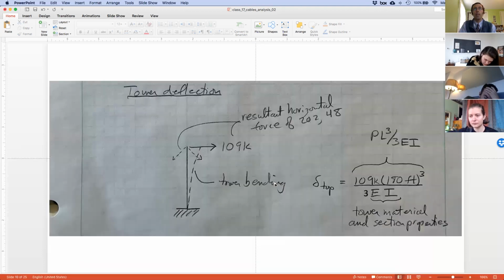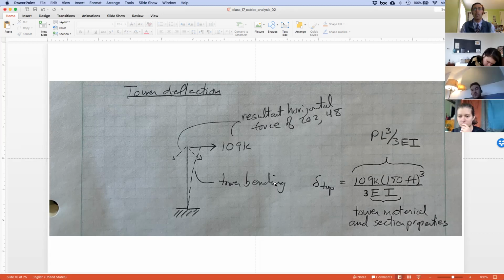Without doing the full calculation here, I want to point out that we can also use this configuration to calculate deflections of the tower, because the tower is basically just a vertical cantilever with a horizontal point load applied at the top. In this case, it's 109 kips, which is the resultant horizontal force of the 202 and 48 kips.